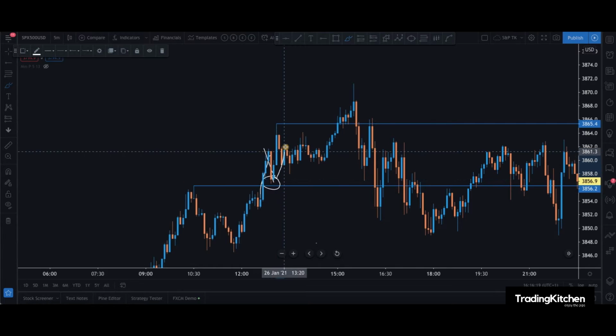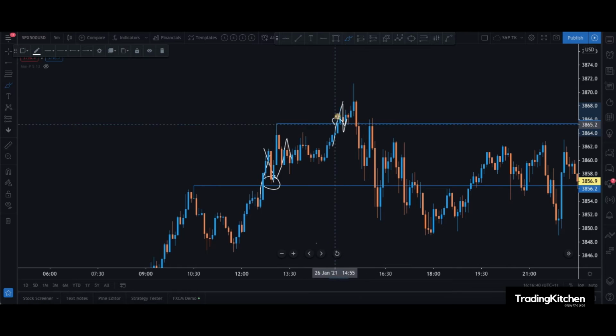Then price keeps on following the main trend until it decides to change, like in this case. So in this case I will wait for the retest.